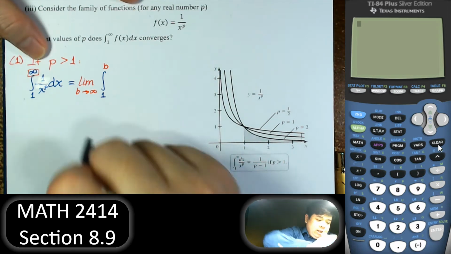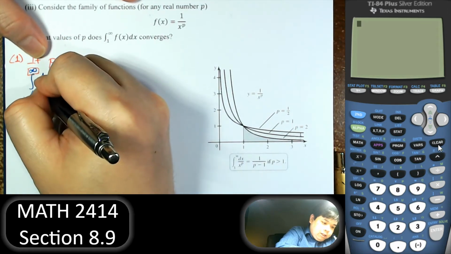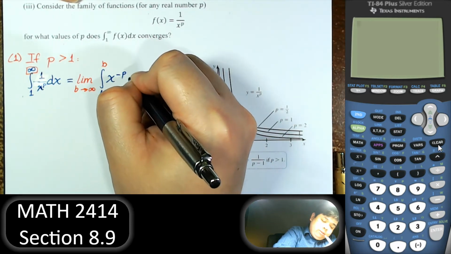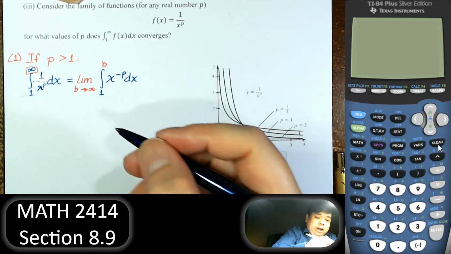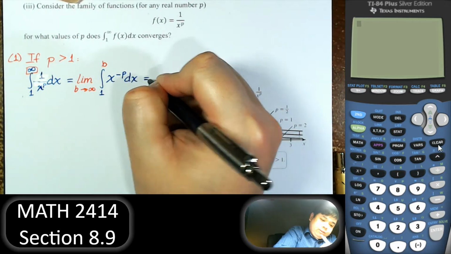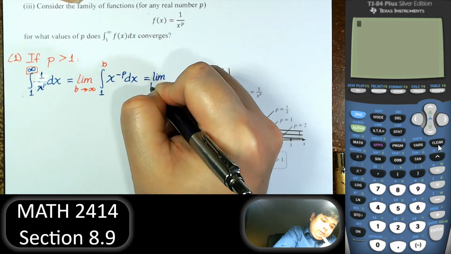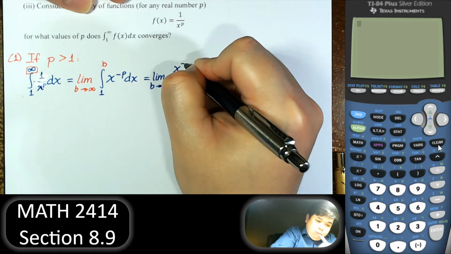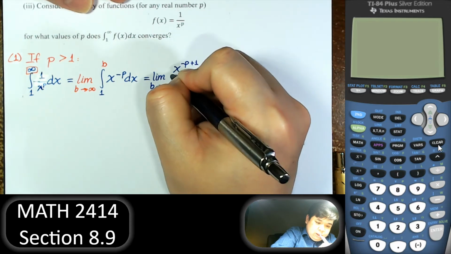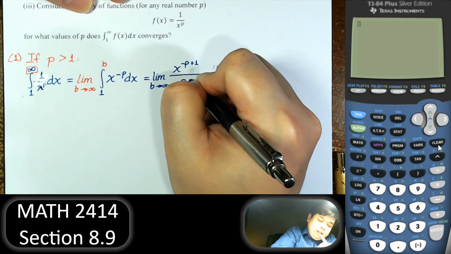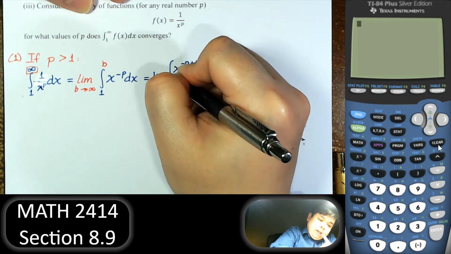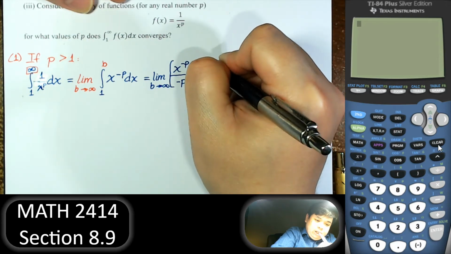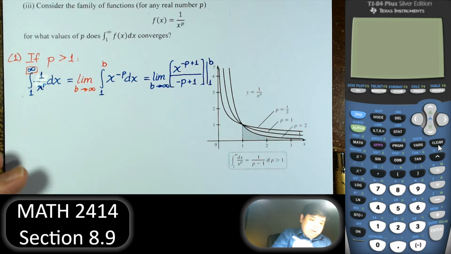To integrate that, I will change it to a power and use the power rule. Increase the power by 1 and divide by the same thing. And I will use the limit from 1 to b, that limit for x, of course.